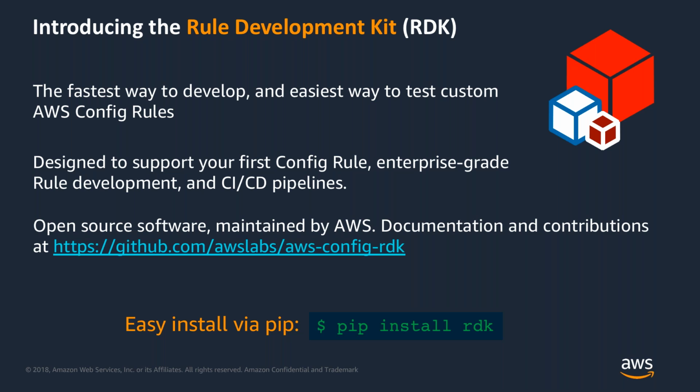Boto also provides an easy to use object-oriented API as well as low-level direct service access. So the RDK uses this, and the RDK also provides a certain level of fault tolerance and scaffolding without being too opinionated on how to write rules, what rules to write, and how to structure accounts, networks, or security framework. But the biggest benefit that the RDK provides is a natural developer-centric workflow.